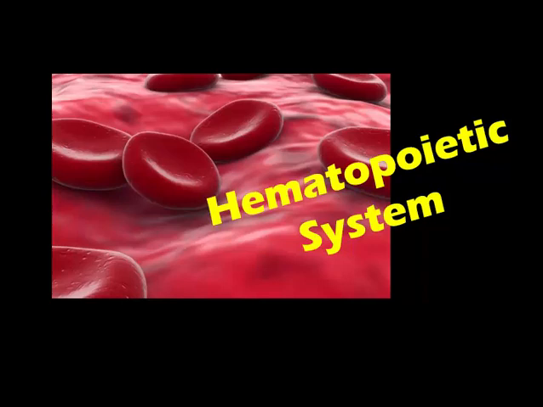Oftentimes you'll see a mixture of the thymus, the thyroid, and the parathyroid glands. Rodents don't have tonsils. And within lymph nodes, germinal centers are often not well defined.